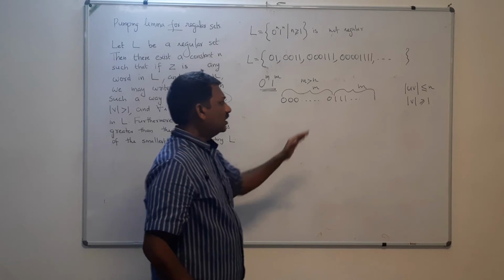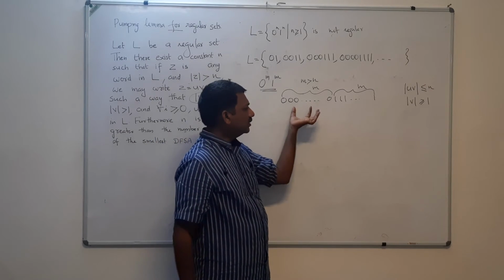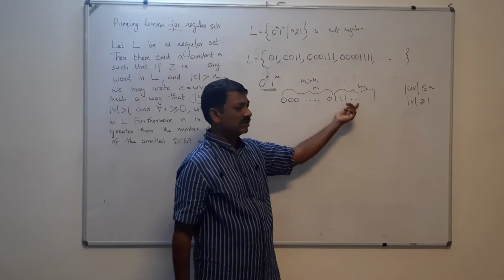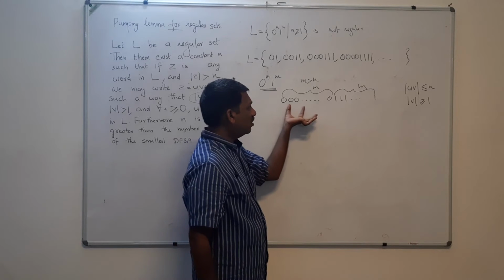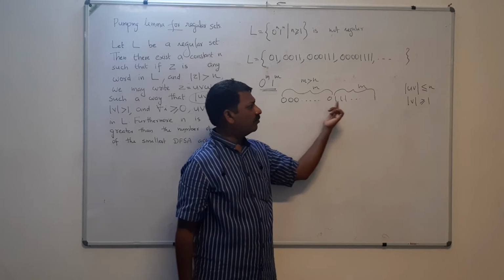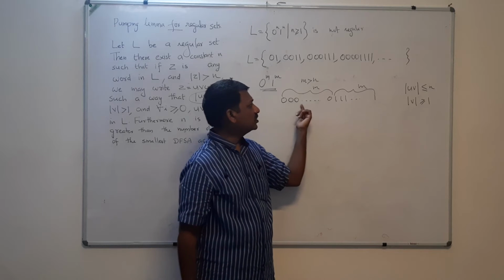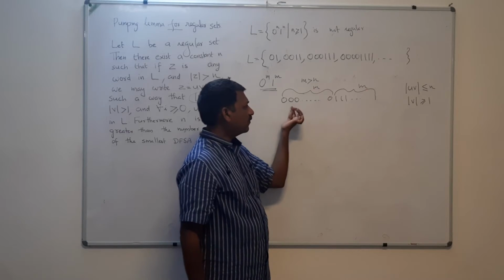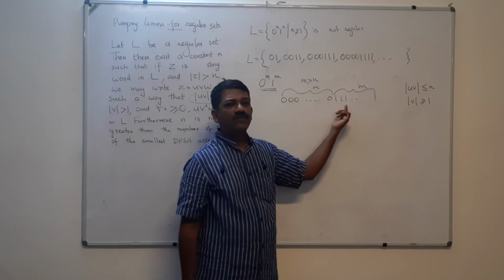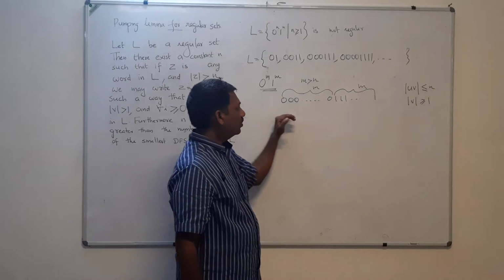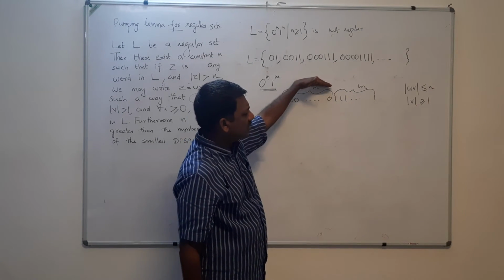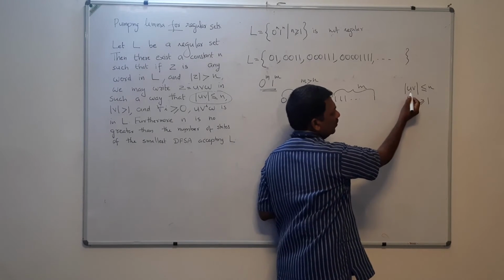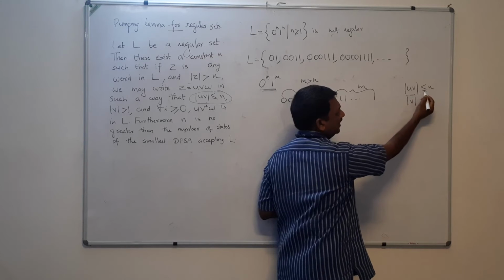We know this is a valid string, 0 raised to m, 1 raised to m, meaning m zeros followed by m ones. Initially you have m zeros followed by m ones, but as per our assumption, the modulus of UV is less than or equal to n.